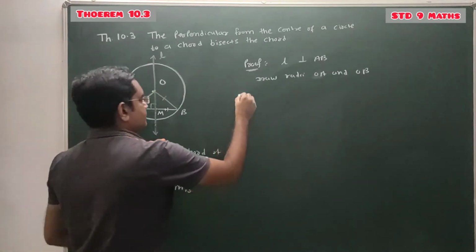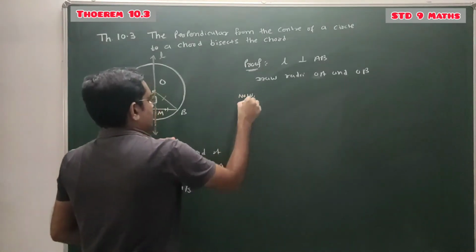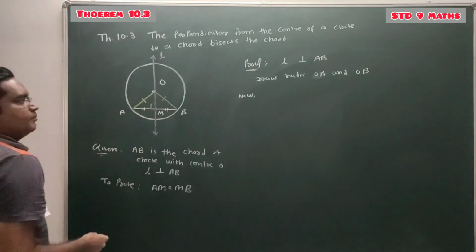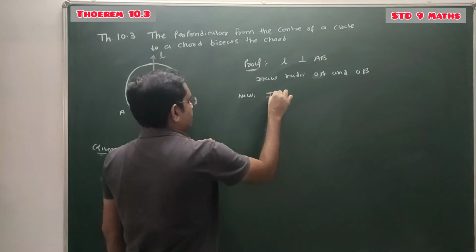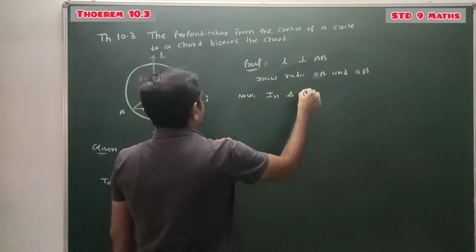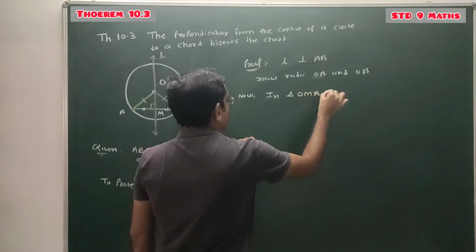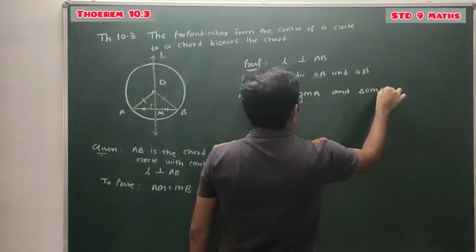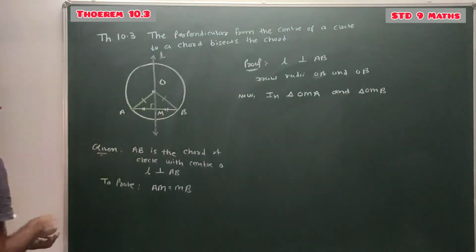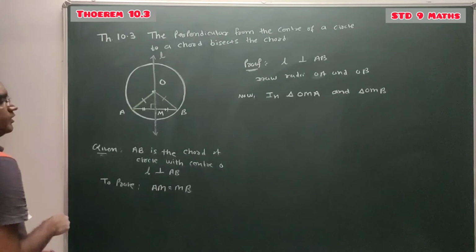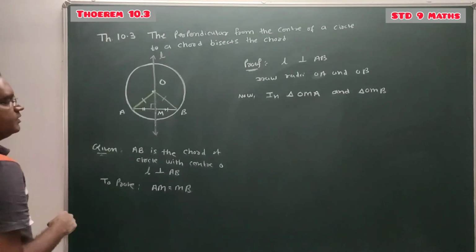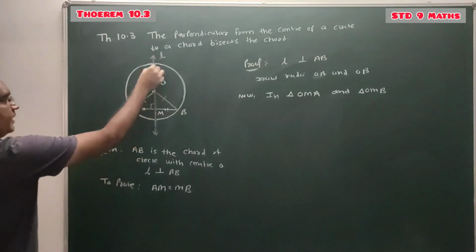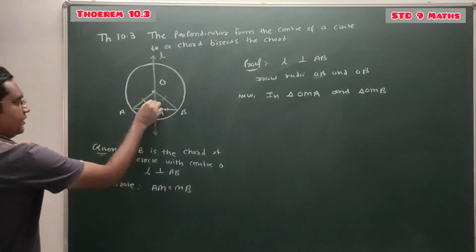Done? So now we'll consider two right angle triangles, OMA and OMB. In triangle OMA and triangle OMB, we can say that angle OMA equals angle OMB, because L is perpendicular to AB, so the measure of this angle is 90 degrees.